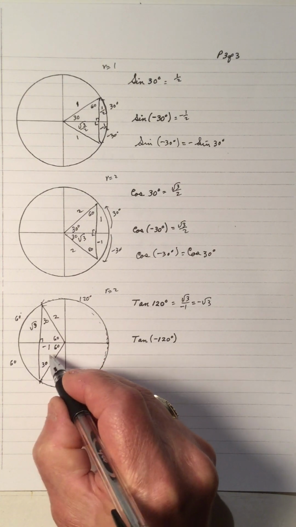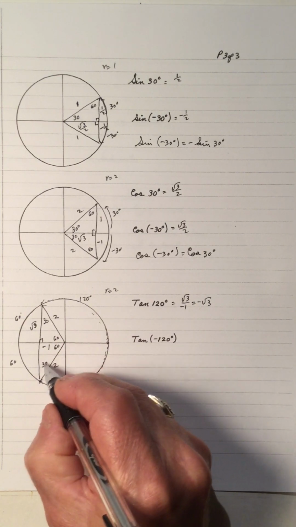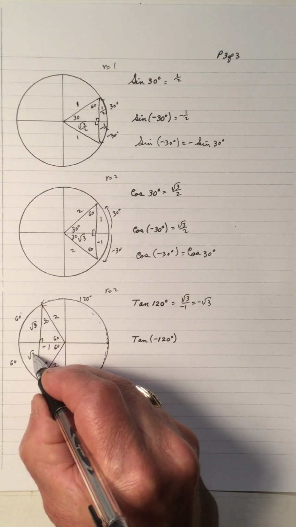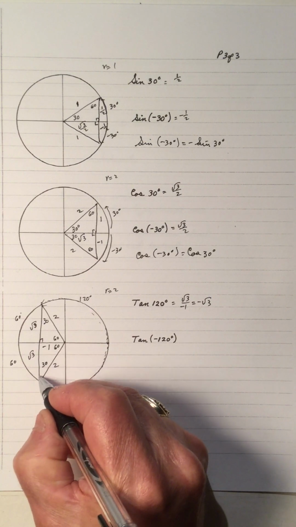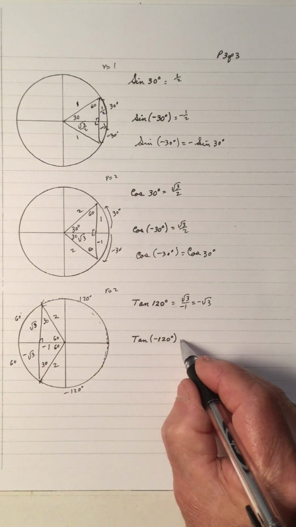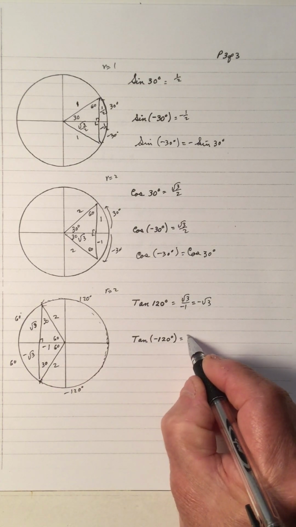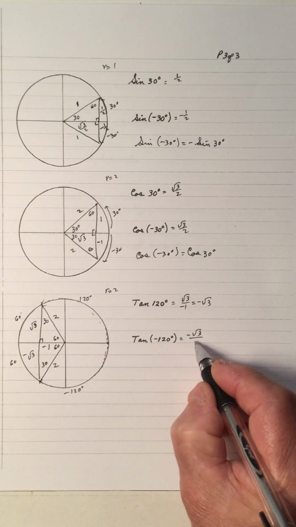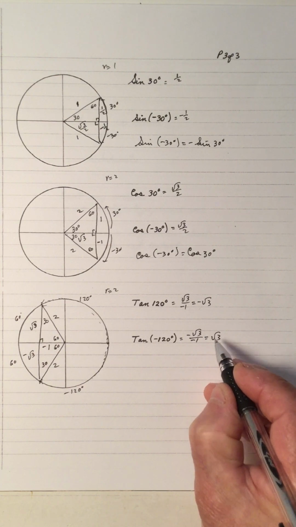This is a 30, the hypotenuse is 2. Opposite 30 is 1, opposite 60 is a root 3. But this is negative, so it's negative 1. The y is going down, so it's negative. So the tan of a negative 120 is the tan of this 60. Tan is opposite, which is negative root 3, over adjacent, which is negative 1. So that's root 3.